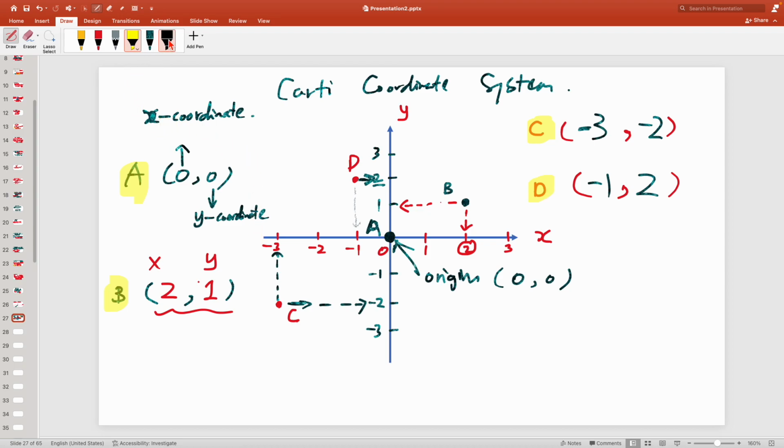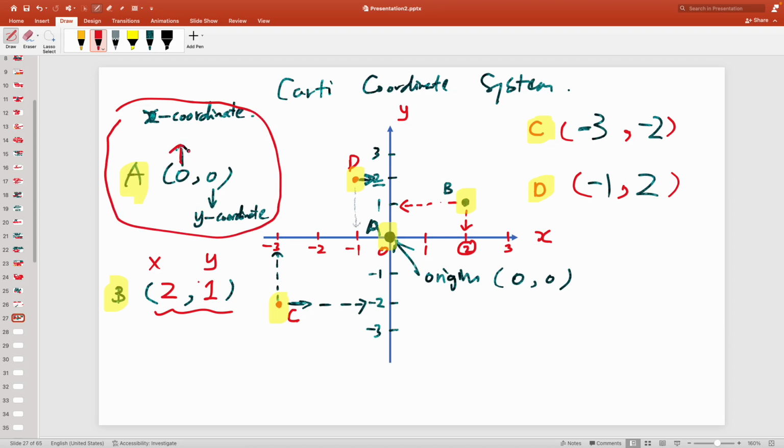Every point, point C, point A, point B, point D, on this coordinate system has to be represented in this manner.